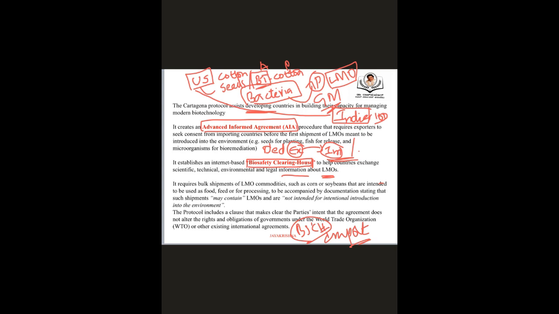All the commodities which may contain LMOs should be clearly labeled by the exporters. This is a very important point in the Cartagena Protocol, where all the products being exported need to be clearly labeled. Then the next point is, the exporter of such commodities must inform the importing countries in advance of the shipment which contains LMOs, and the importer must authorize such shipment.